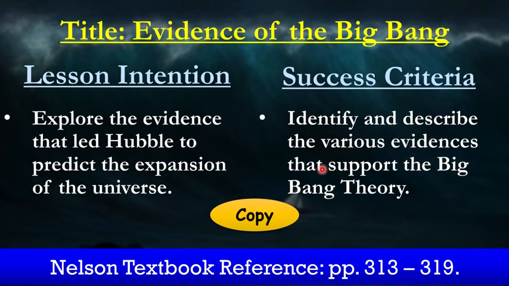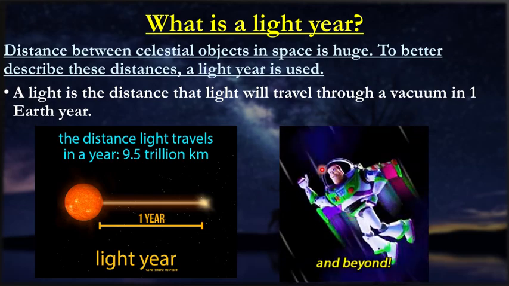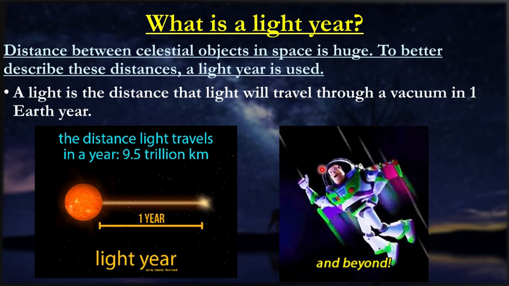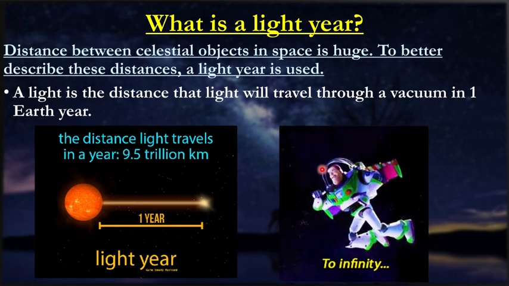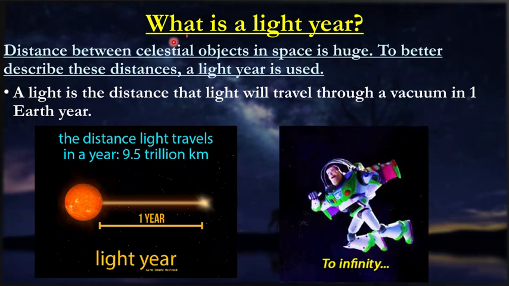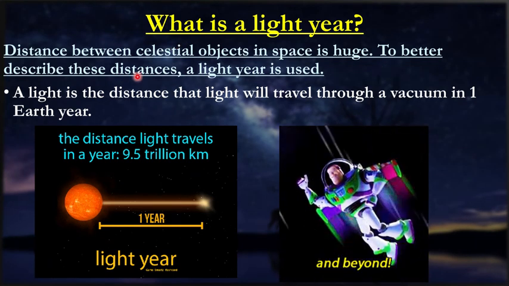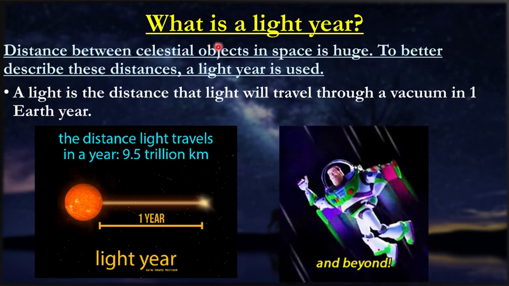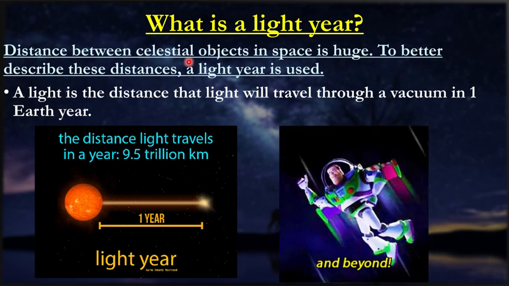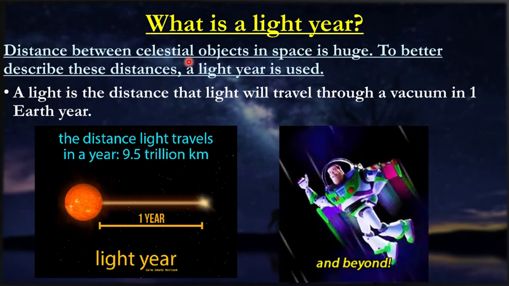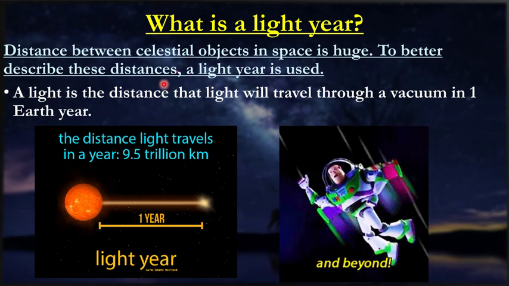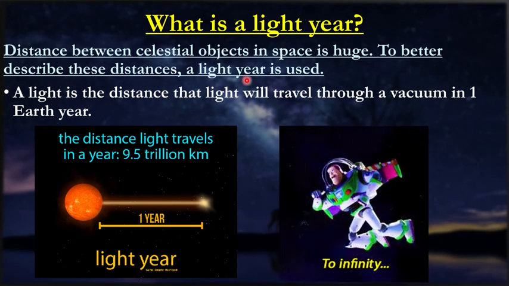Now, to get ourselves started with this context, I want to firstly talk about what a light year is. Okay, now a light year is a measure of the distance between celestial bodies, so things in space. And to understand the distance, we know that the distance between planets is really big, but we also know for a fact that the distance between galaxies is way bigger, and you can't really predict that or explain that using just kilometers and meters.